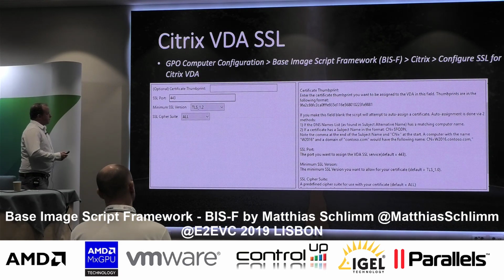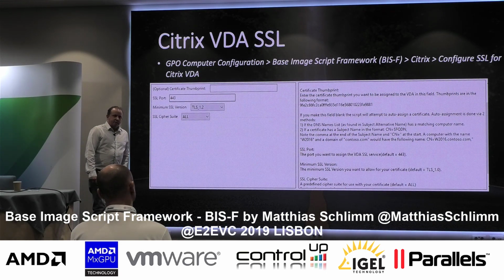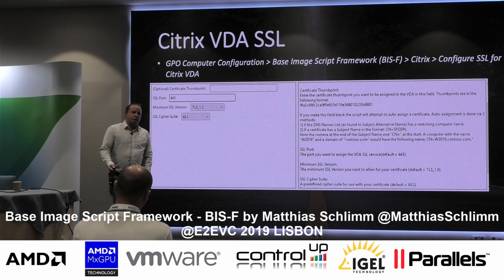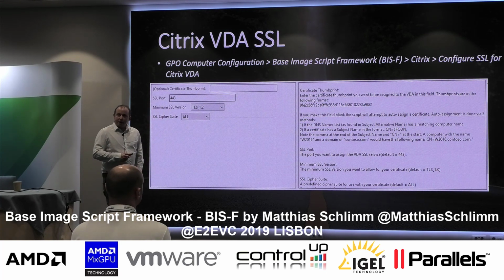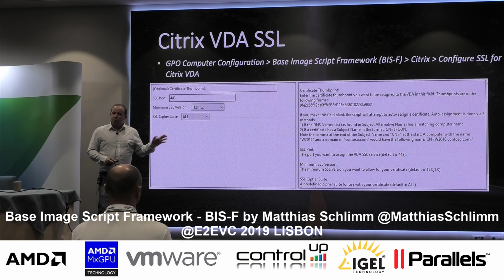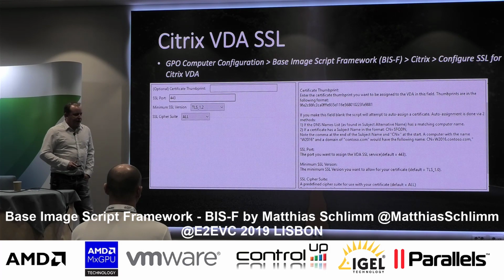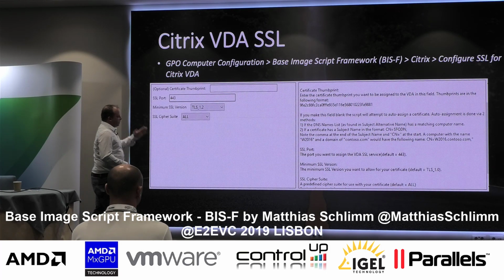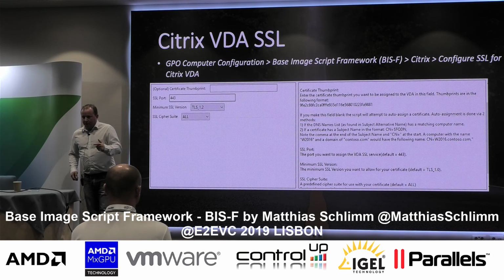Also for the guys that would like to use Citrix VDA SSL, for example for the HTML5 receiver or other security reasons, you can configure it here directly in the policy, and submit your certificate if you have one. Otherwise, BIS-F will do it for you. If you have Active Directory, meaning the PKI infrastructure, available, then you can automatically generate a certificate based on the computer name.